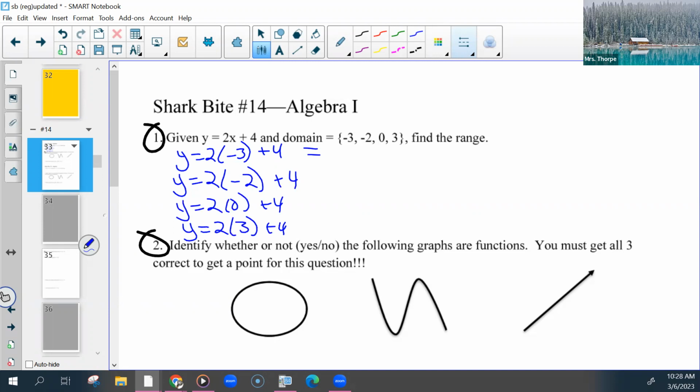So this would be -6 plus 4 is -2. -4 plus 4 gives us 0. 0 plus 4 gives us 4. And then 6 plus 4 gives us 10. And then your final answer, you would just write least to greatest in curly brackets. Questions on that first one?